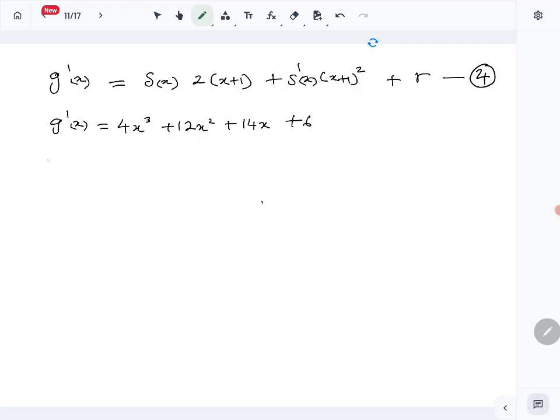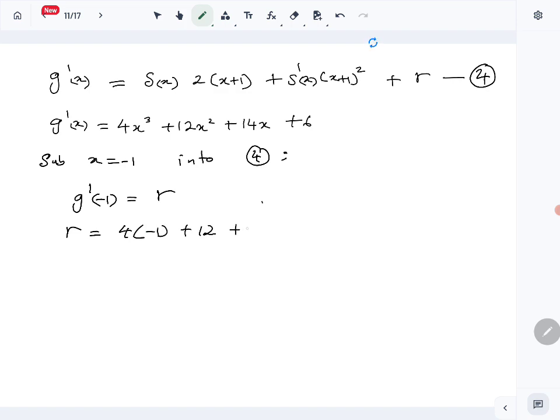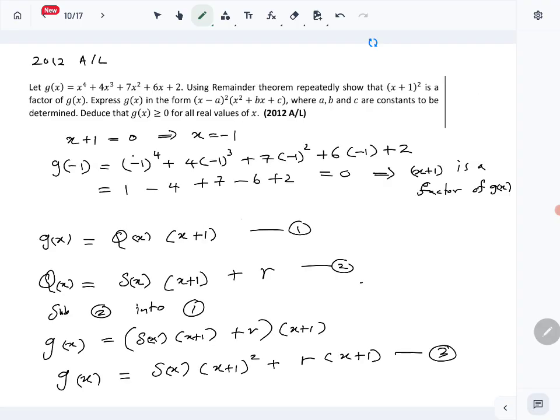So substitute x equals minus 1 into 4. What happens? This term becomes 0, this term becomes 0, we have r. So r is equal to g dash of minus 1, which is minus 4 plus 12 minus 14 plus 6. So what do we get? Minus 18 plus 18, 0. Right. So the remainder is 0. So that means what?